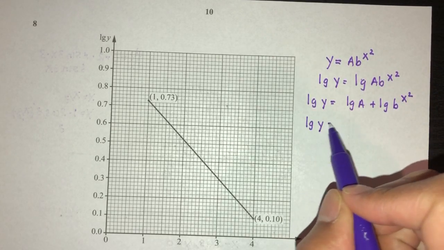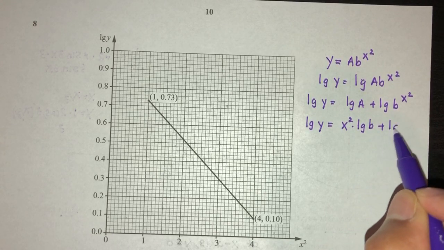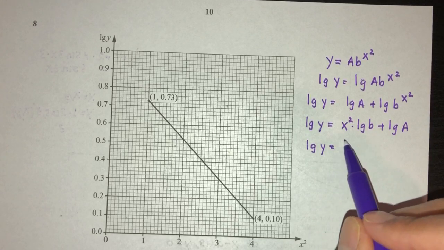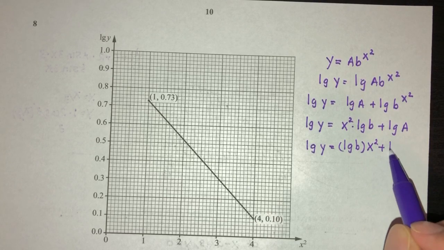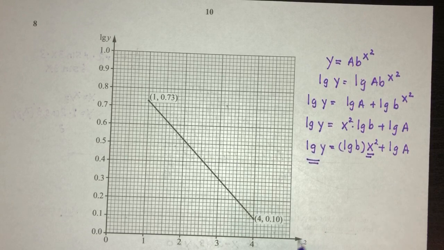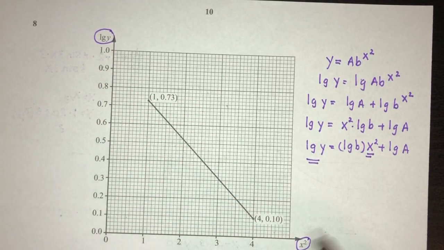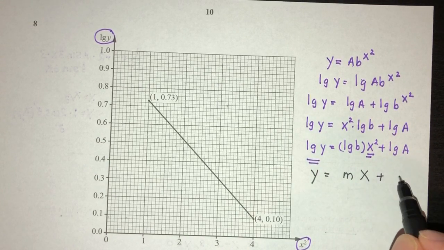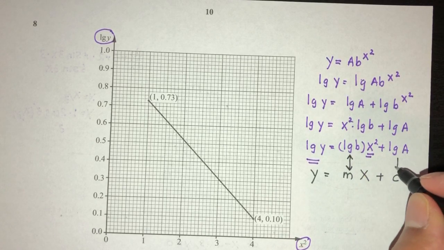So log y equal to x squared log b plus log a. As you can see, here we have log y, here we have x squared, and log a. So this one looks a lot like y is equal to mx plus c, right? Which means this one is your gradient and this one is your y-intercept.